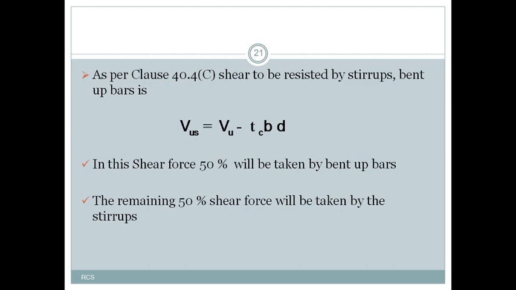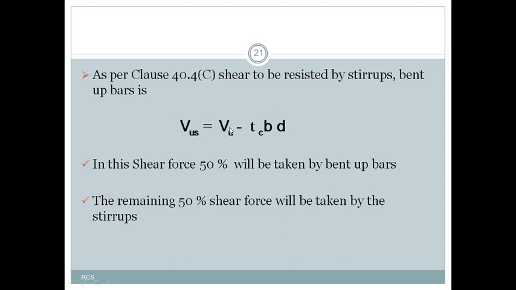According to clause number 40.4.c of IS 456 2000, the shear to be resisted by stirrups and bent up bars is Vu minus tau C into Bd. What is this actually? Here Vu is the total shear to be resisted by the beam, that is including shear to be resisted by concrete and shear to be resisted by the steel stirrups.